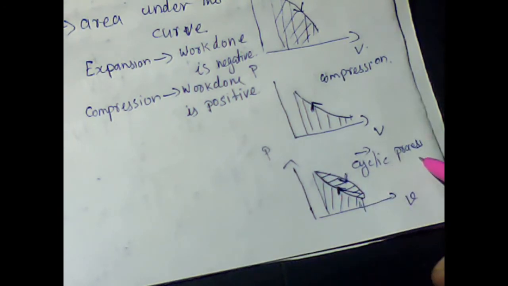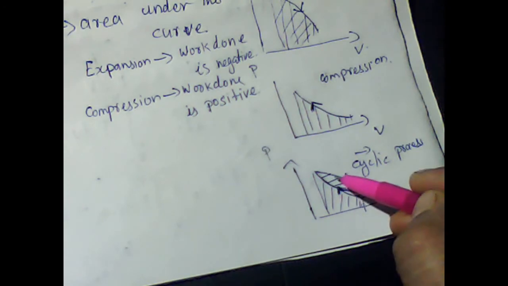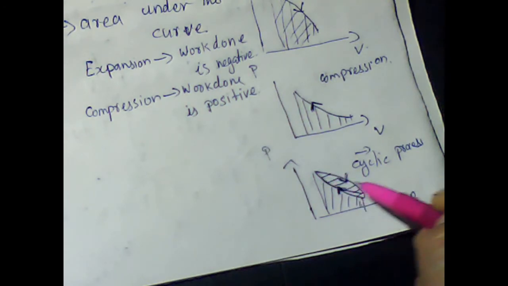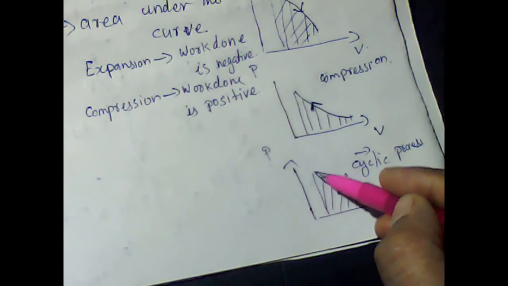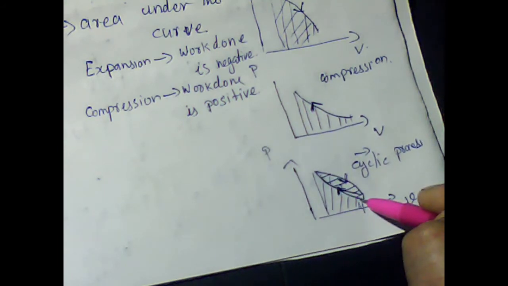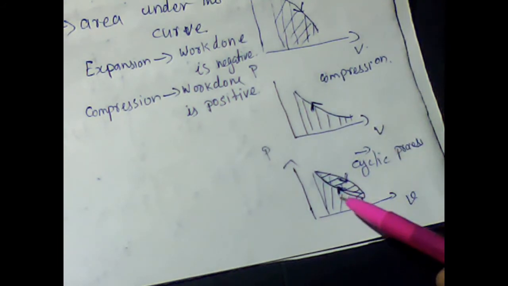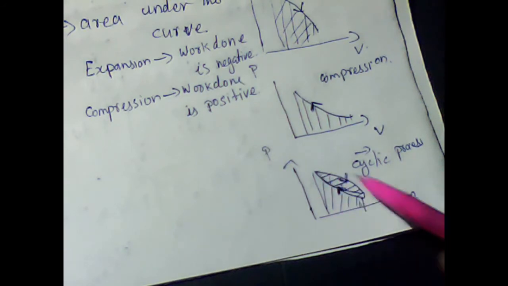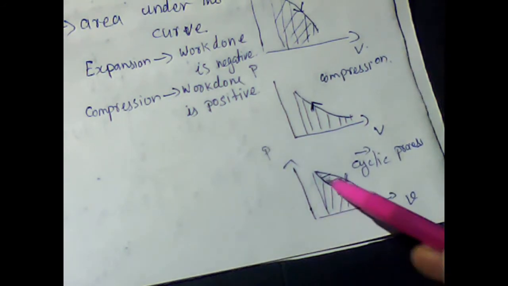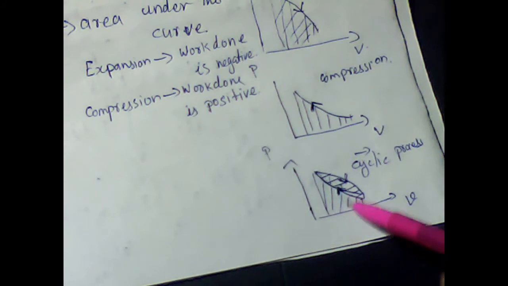So for a cyclic process, we can directly calculate the work done as the area enclosed by the curve. For expansion we take the area under the curve, and for compression we take the area under the curve.